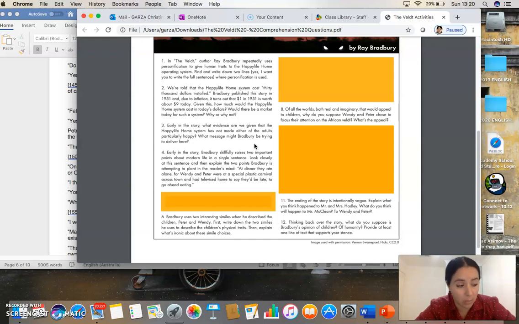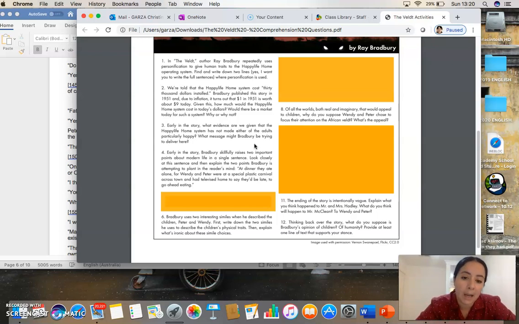Then Peter, the boy, says, "I don't want to do anything but look and listen and smell. What else is there to do?" Clearly, Bradbury is indicating our modern consumer culture in this passage. He argues it's better to be the creator than the consumer. Go ahead and click pause at any time in order to write these ideas that I'm giving into your comprehension question responses.